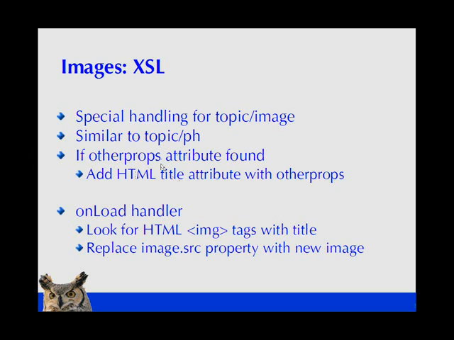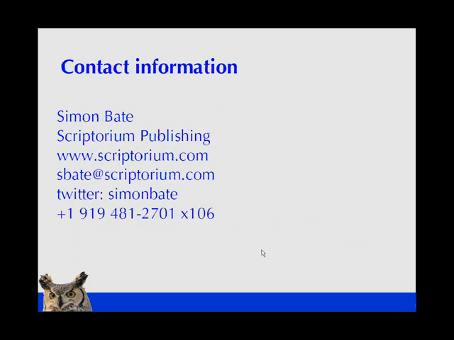So it's probably, rather than fix them one up, it's better to use the onload handler to just go through the entire file, look for HTML image tags that have the title that you specified here in the other props. When it has that title attribute, then go to your JSON, look up the correct image that you need to use, and use image.source to locate that new image.